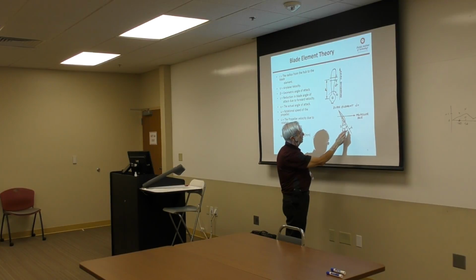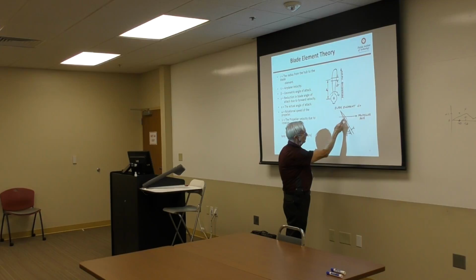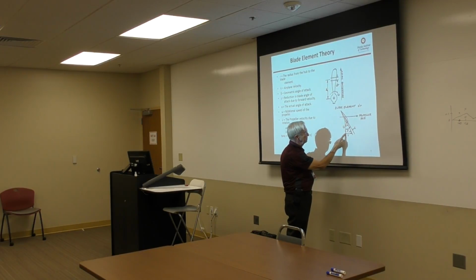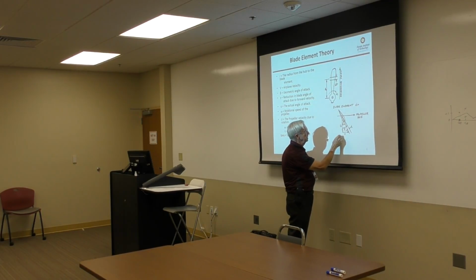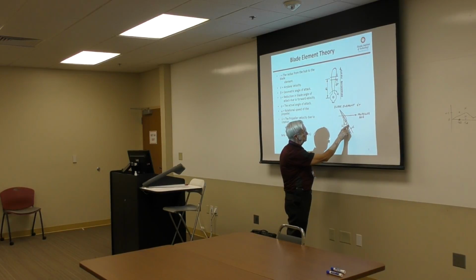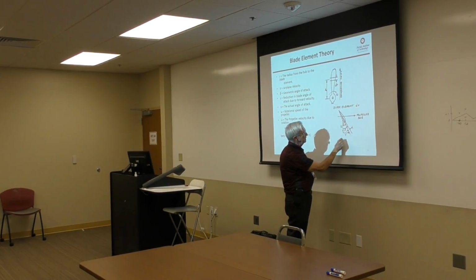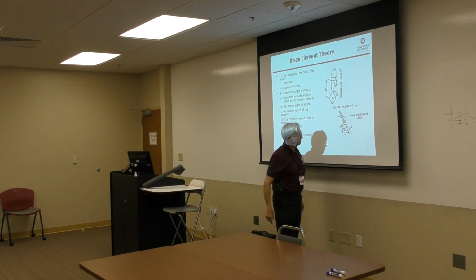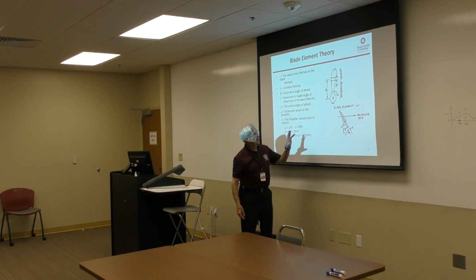Here is the blade angle, this angle between here. This is the rotational velocity here, okay, the forward velocity. And then the blade angle is right here to here. But the angle of attack is just the difference between these two of that blade element.